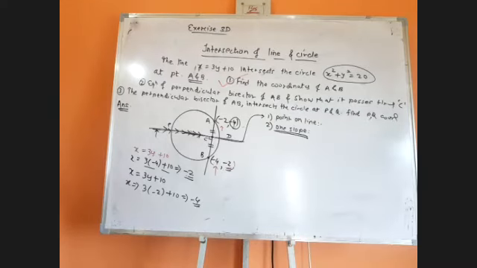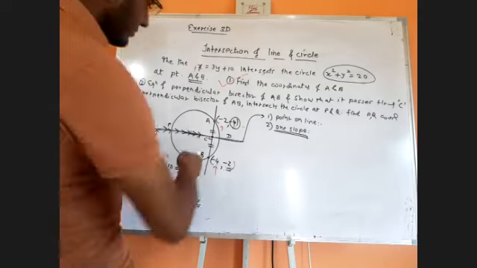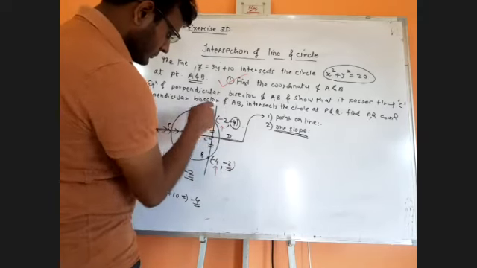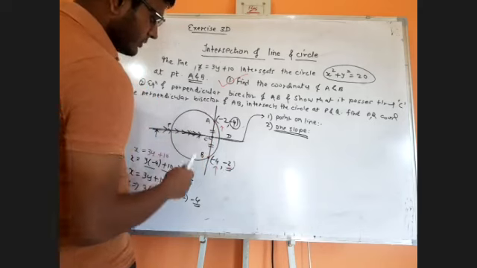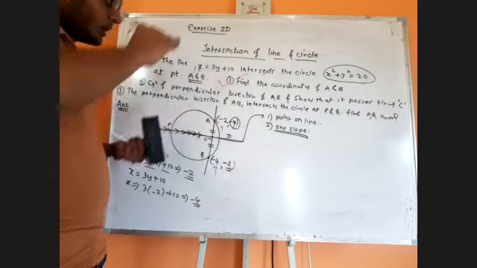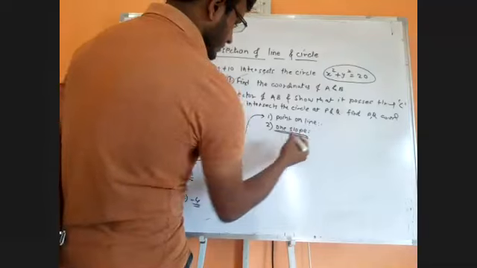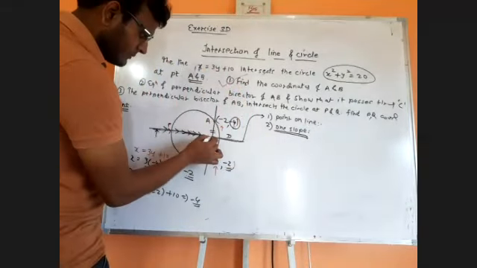So just make a habit of this now: your perpendicular bisector will be dividing the chord and it is always perpendicular to the chord. Okay. So for the point on the line, we use the midpoint formula.